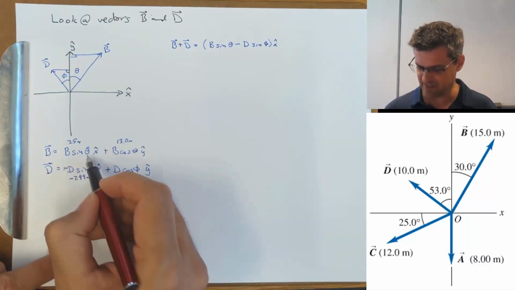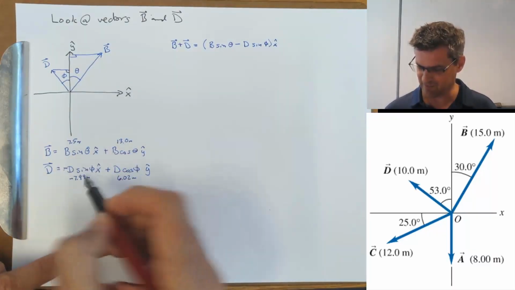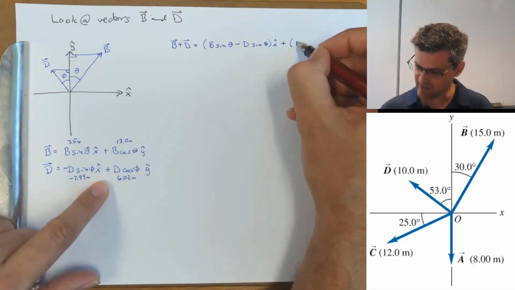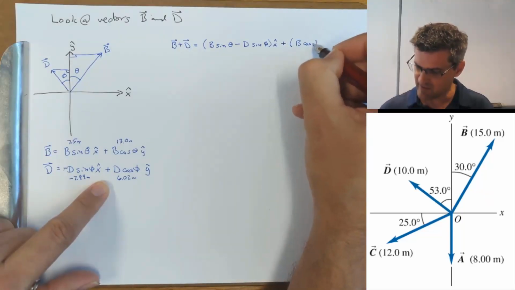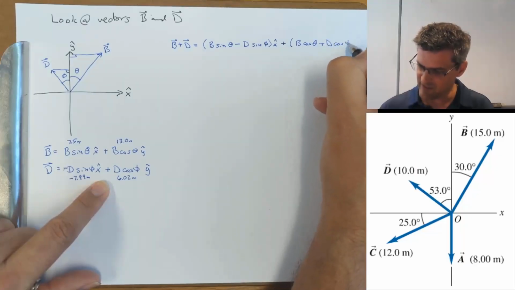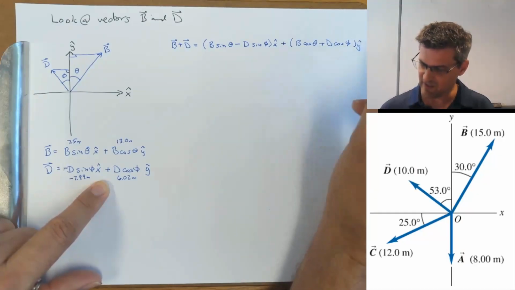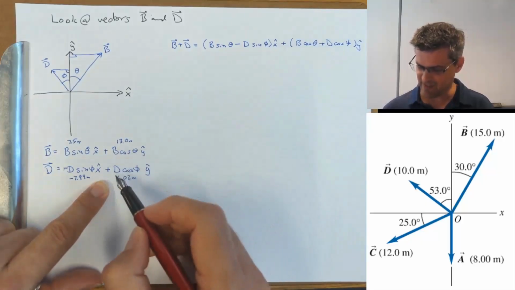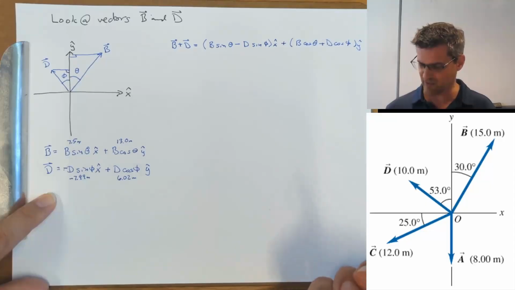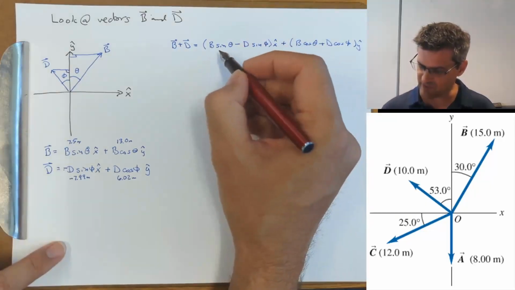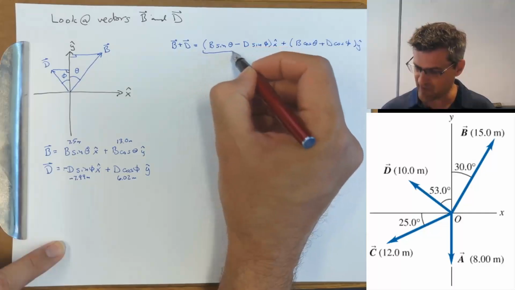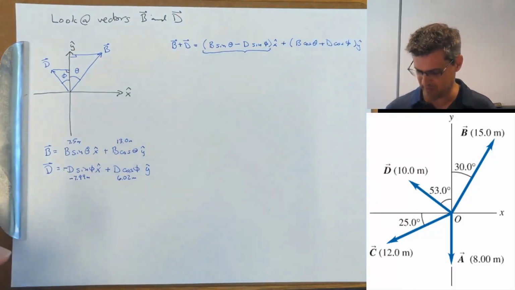I'm taking this, I'm adding this. For the y direction, B cosine of theta plus D cosine of phi in the y. I'm taking this, I'm adding this. Now these things carry sign, and that's totally fine. But if I wanted to, I could actually figure out what this number is going to be.